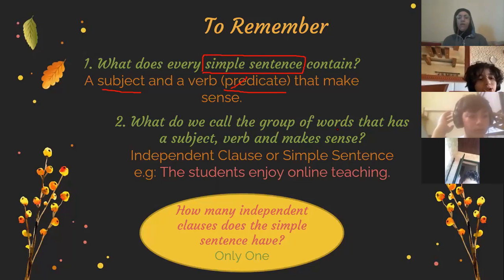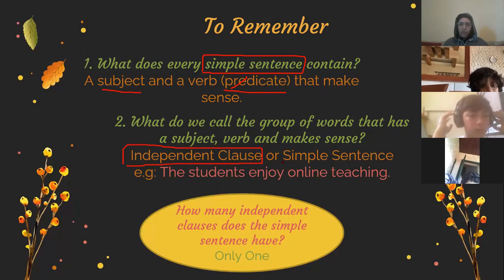Or there is another naming for the simple sentence. The question here says, what do we call the group of words that has subject, verb, and makes sense? Okay, when I have a complete subject, a complete predicate, we mean verb, and the group of words makes sense, we call it simple sentence or independent clause.